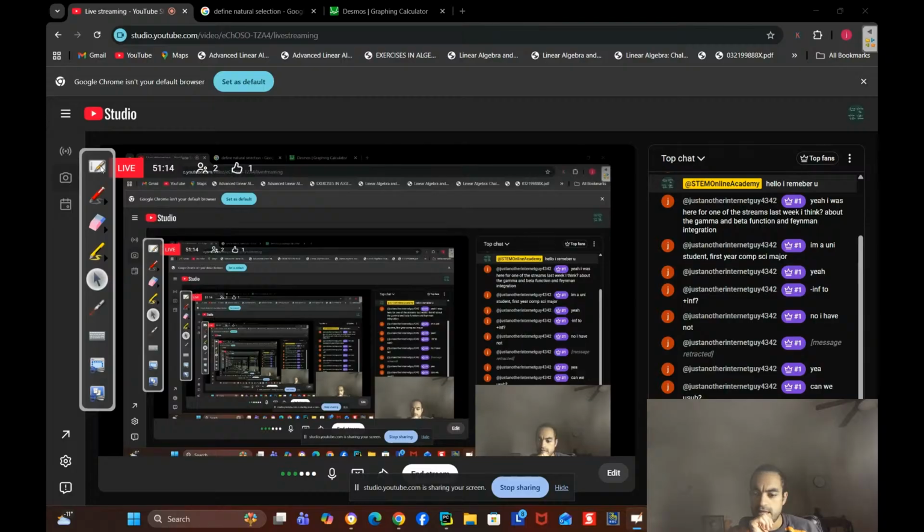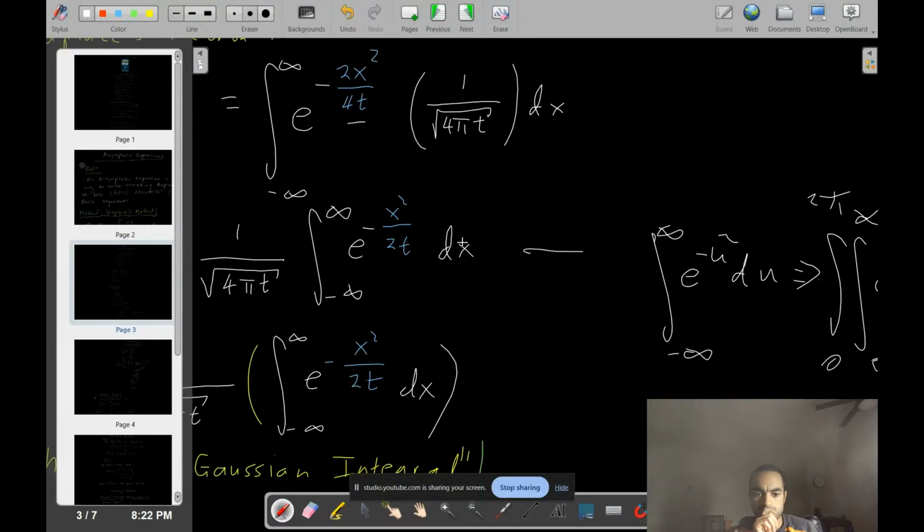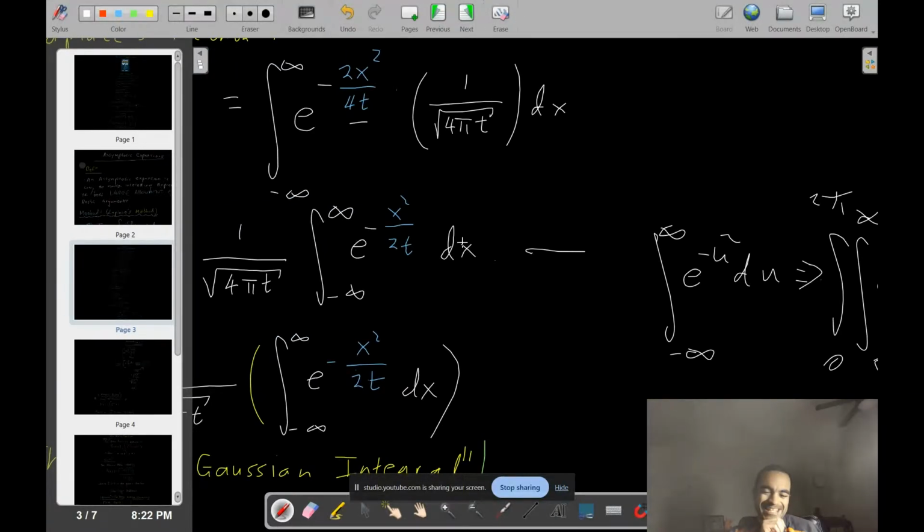Okay, I wouldn't say exactly. I know what you mean. You want to use u equals x squared over 2t. I just noticed that there's a slight mistake with that, because if you let u equal x squared over 2t, there's a bit of an issue here. You substitute u here, you get the integral of e to the negative u.